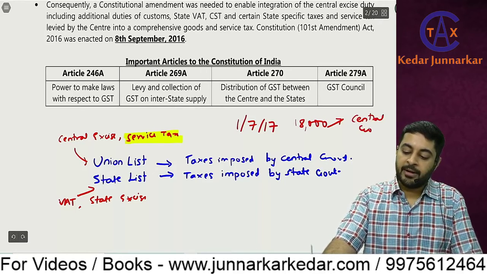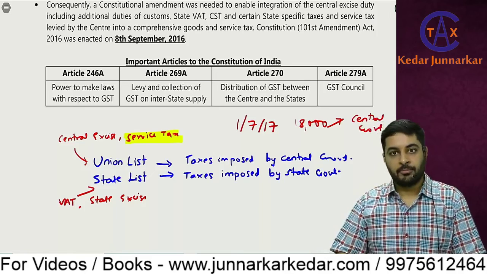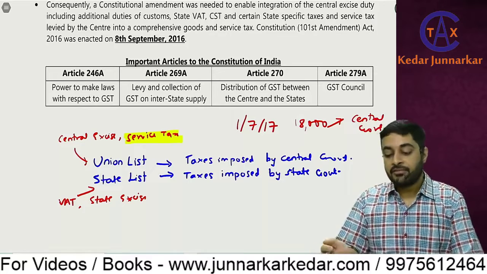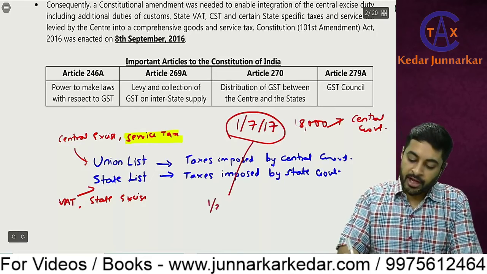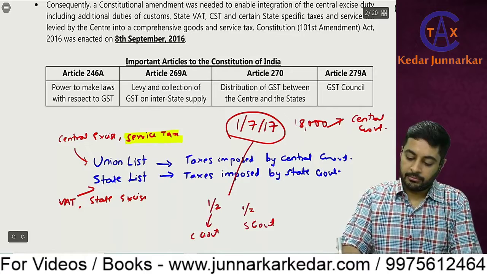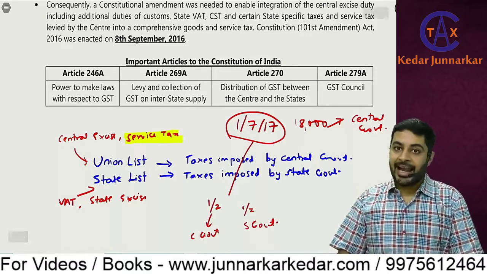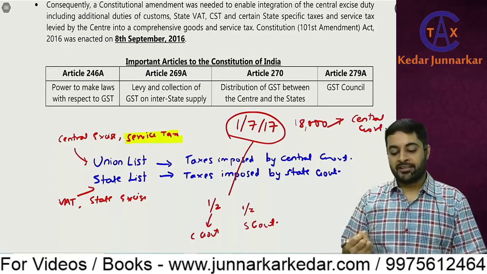Means when I would file my returns or pay service tax, 100% would go to central government. But now after 1/7/2017, when GST is imposed, half has to go to central government and half to state government. But is the state list allowing state government to collect that half of the tax?